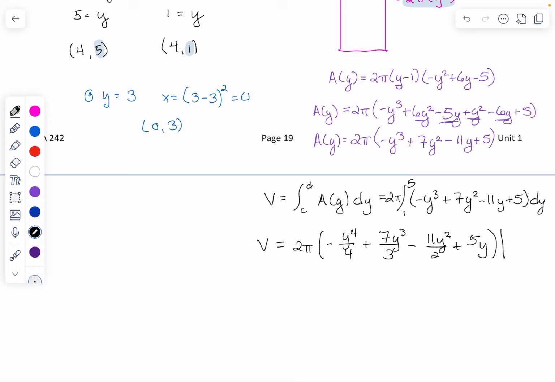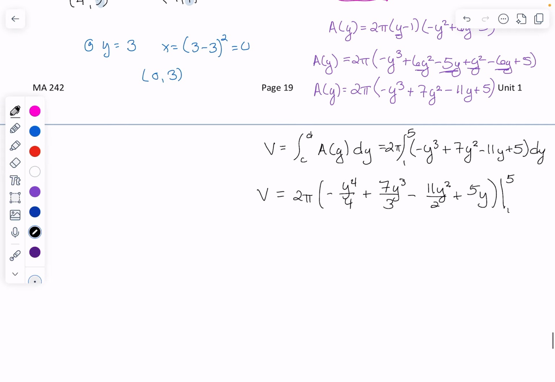I'm going to evaluate from 1 to 5. So this one gets a little messy when you sub it in. I'm going to let you go ahead and sub those in. What you should come out of there with is 128 pi over 3. So that's going to be my answer on that one.